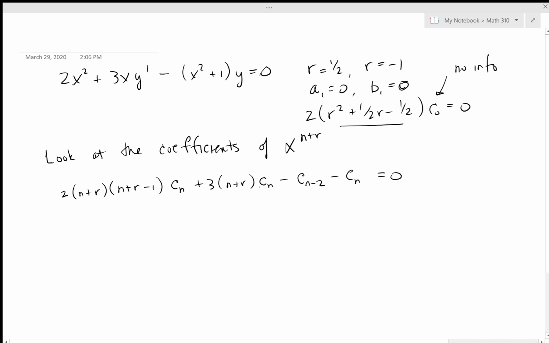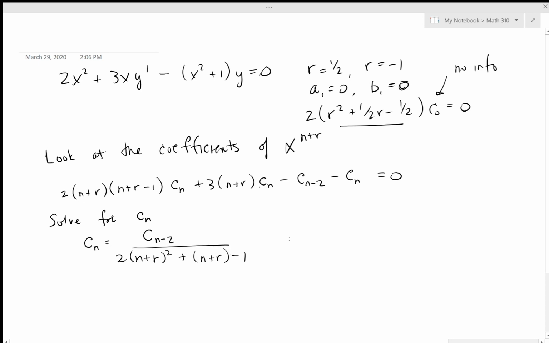Okay, so then I have an expression that relates for me what is Cn in terms of Cn-2. So I'm going to solve for Cn, and I will find that Cn is equal to Cn-2 divided by 2 times (n+r) squared plus (n+r) minus 1.